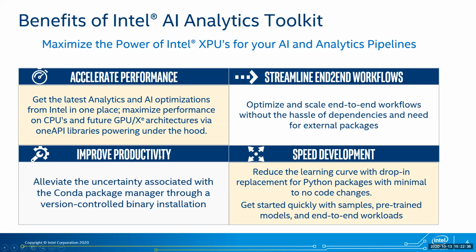It will improve your productivity because you don't need to set up the environment by yourself. We also give you some examples, pre-trained models, and end-to-end workloads, so you can start your development easily. That's a couple of benefits of using Intel AI Analytic Toolkit.